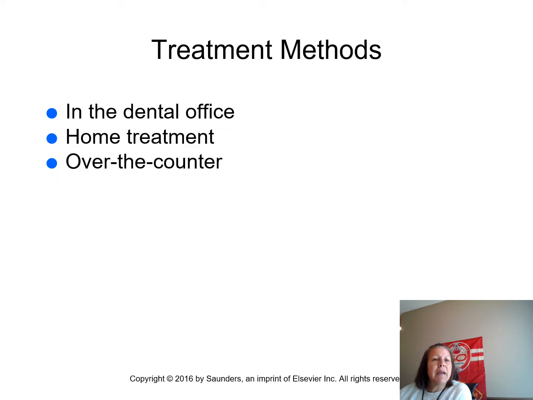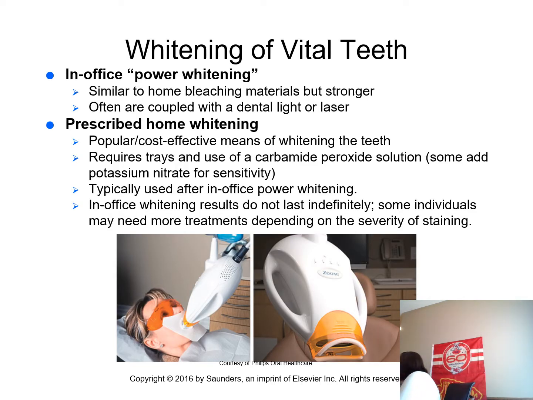The different types are in the dental office, which is what we talked about, the Zoom, home treatment, which are the bleach trays that we make, and then over-the-counter things such as the Crest White Strips and paste and things like that. So in-office is also called power whitening. It's similar to the home bleaching, but stronger.